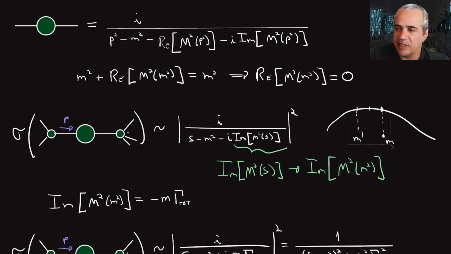And the reason is that for particles that decay with large widths, with a huge deviation from a narrow width, it's not even clear that we should call these guys particles, because they are never really on shell. They are just intermediate channels from these initial particles to these final particles.